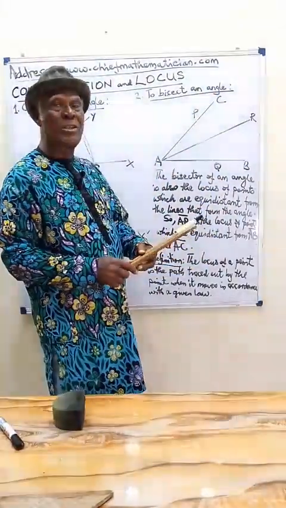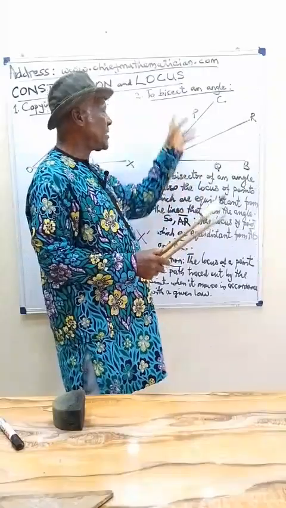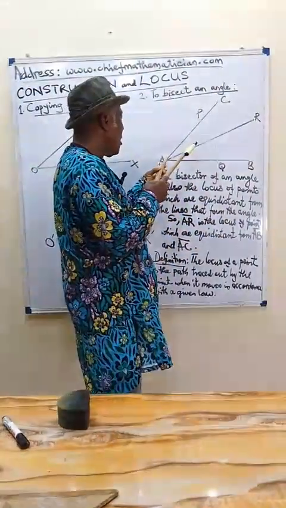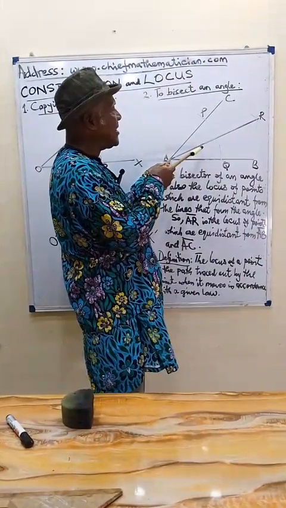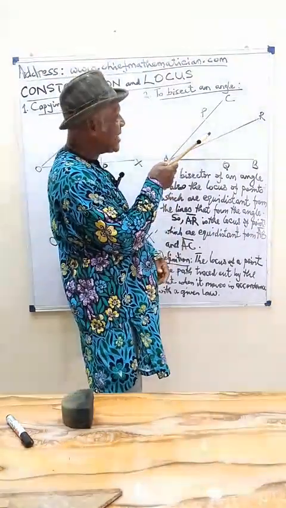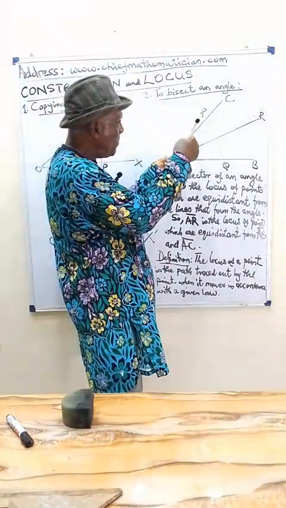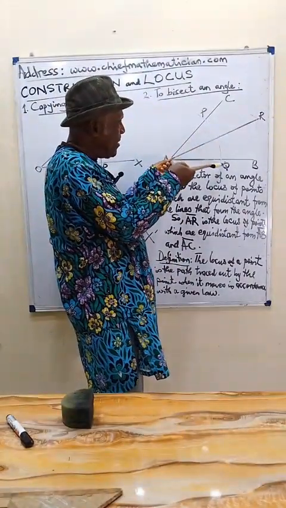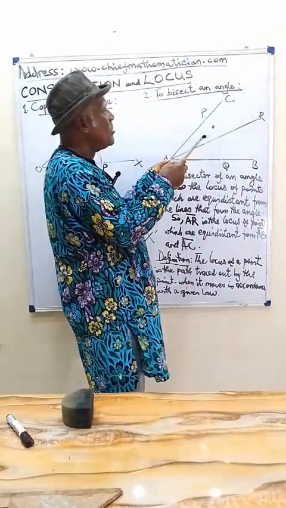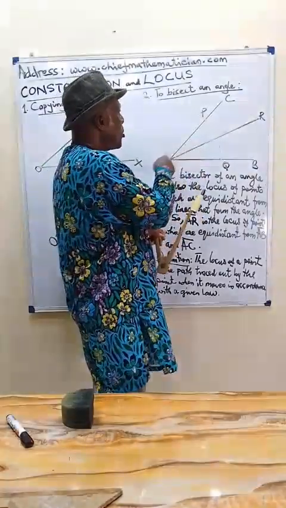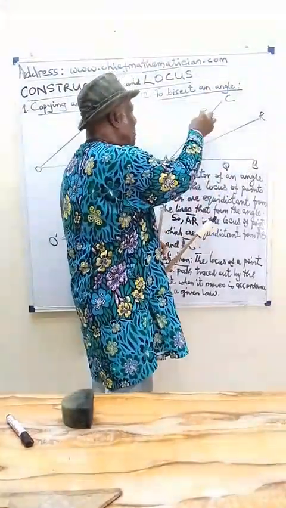We want to construct the bisector of angle BAC. This is how we do it. With A as center, you describe arcs to cut AC and AB at P and Q. Arc this way, arc that way, to cut AC and AB at P and Q.